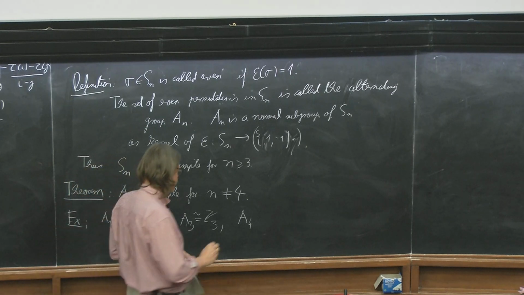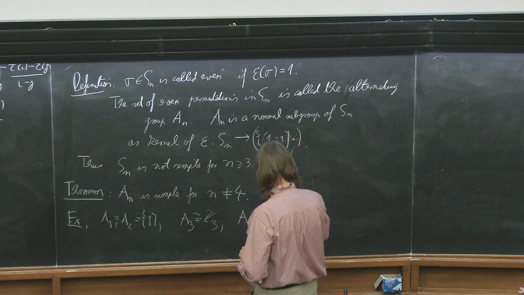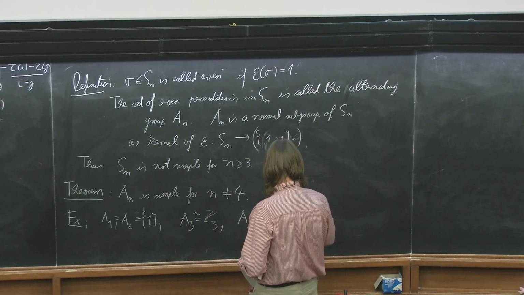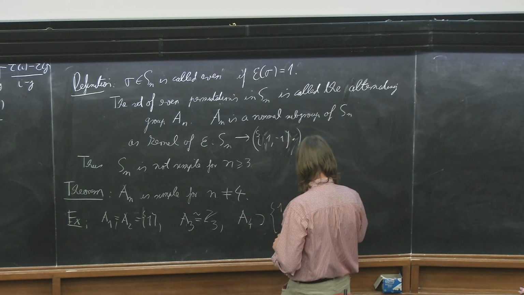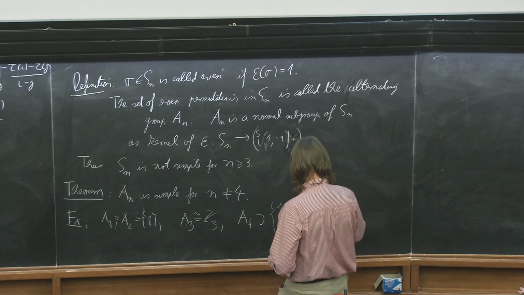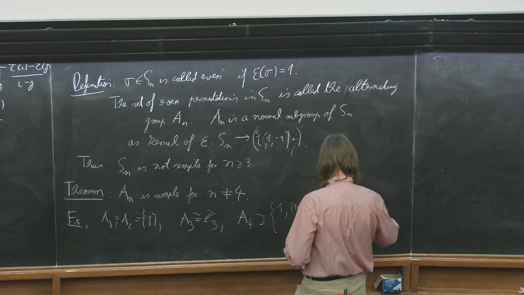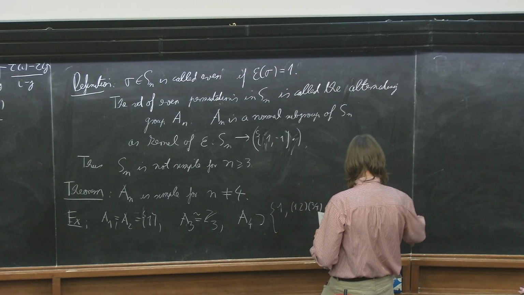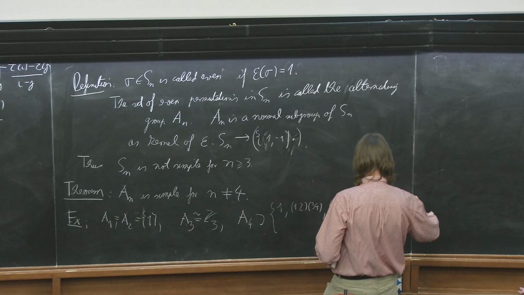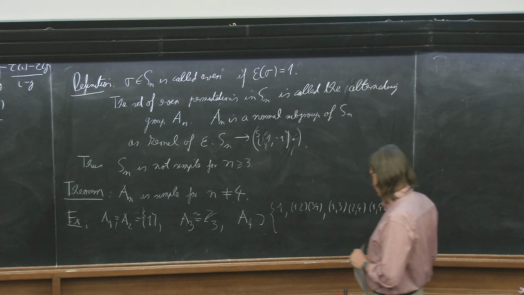Namely, A4 will contain the set consisting of the neutral element and the pairs of disjoint 2-cycles, like (1 4)(2 3). This forms a subgroup with 4 elements, and in fact it's a normal subgroup.